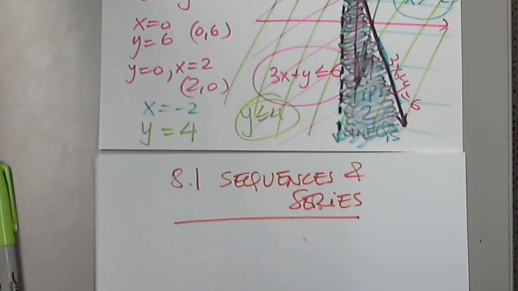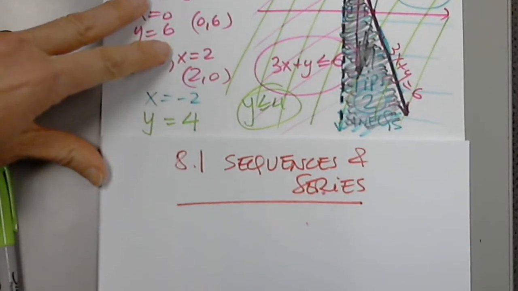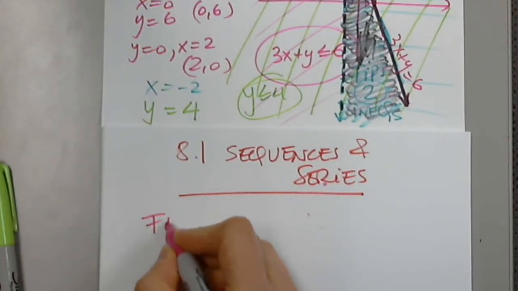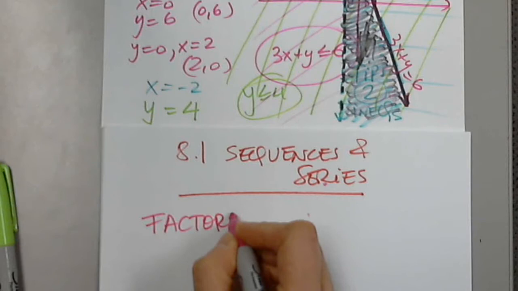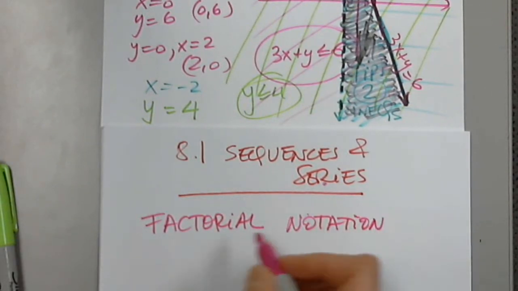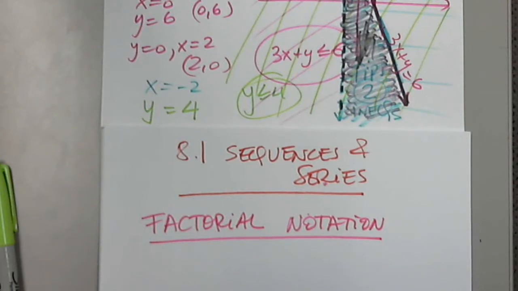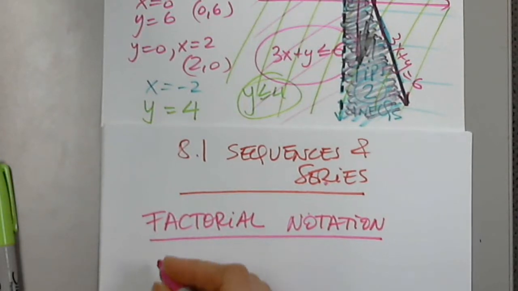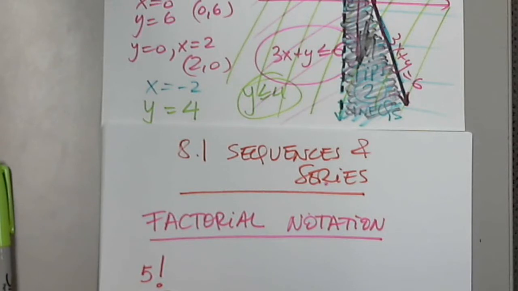Okay. Good. So first, let's look at a notation that is called factorial notation. What is a factorial notation? Well, for example, if you see something like 5 factorial, with the exclamation mark, this is how we read it, 5 factorial.